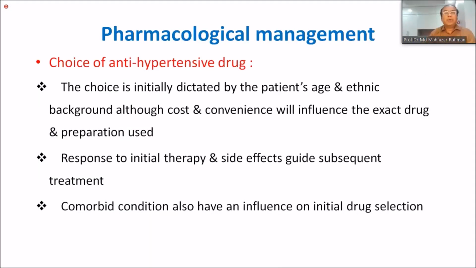And now the pharmacological management, the choice of antihypertensive drug will depend. It is dictated by the patient's age, ethnic background, although cost and convenience will influence. And response to initial therapy, side effects, guide subsequent treatment, and comorbid condition also have influence on initial drug selection.